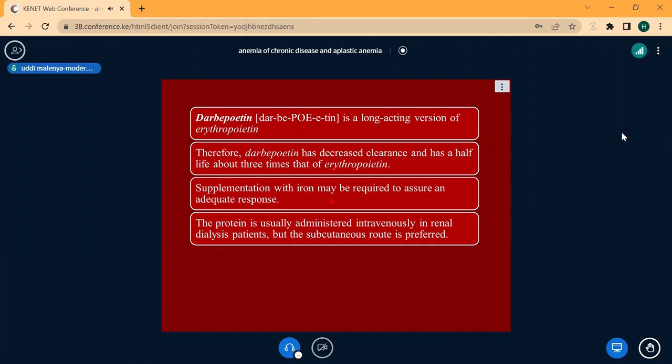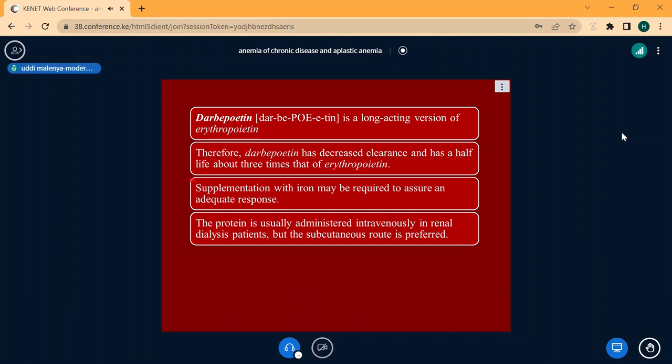I repeat again, when erythropoietin is given, it leads to an adequate response of the bone marrow to produce the red blood cells. And the red blood cells produced can be either mature or immature. Erythropoietin does not care; what it does is stimulate them to be produced.